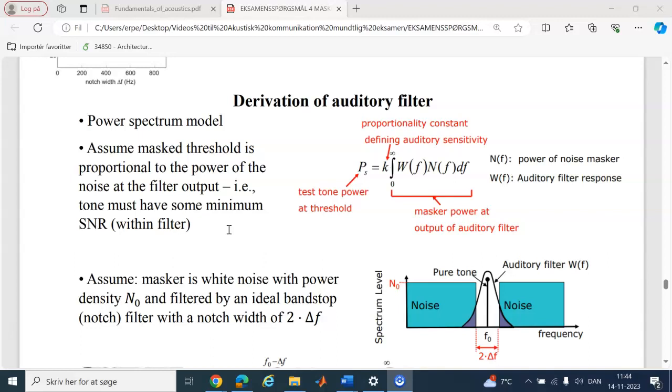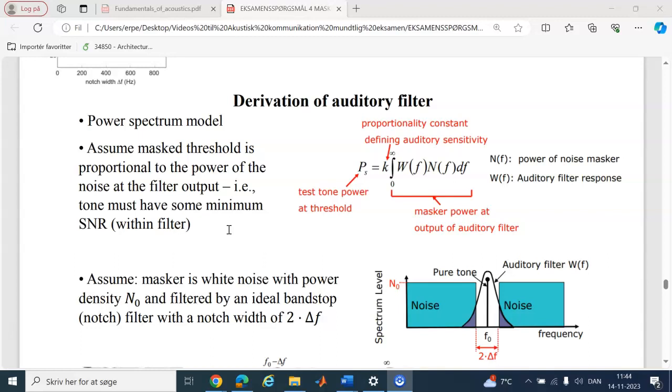The power spectrum model assumes that masked threshold is proportional to the power of the noise at the filter output. That would say the tone must have some minimum SNR within the filter. We have a test tone power and a proportionality constant K, and we define it with an integral from 0 to infinity.